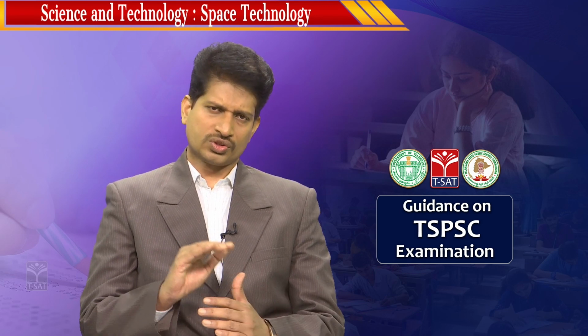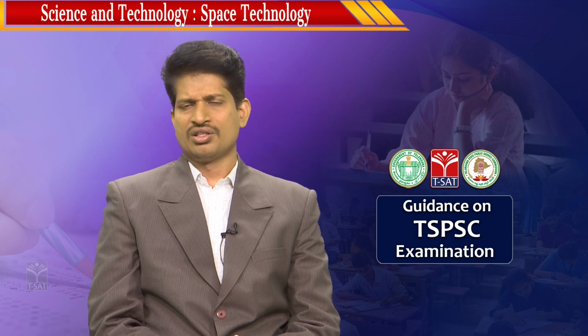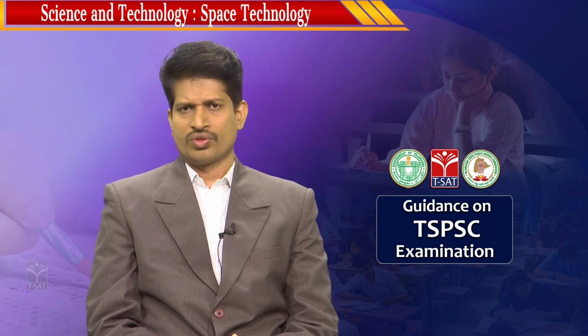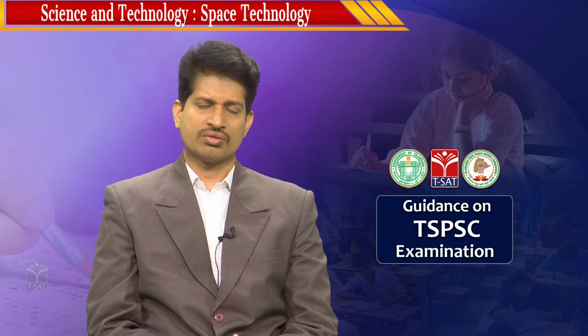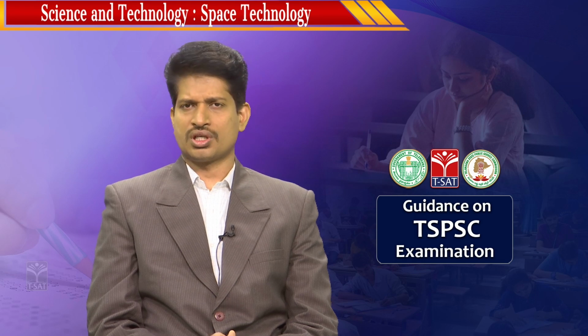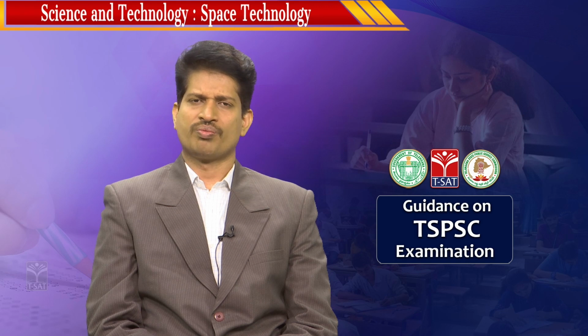So, in this process, what happens is, when the satellite is revolving around the earth, the time taken by a satellite to revolve around the earth increases with the increase in altitude. Low earth orbits are around 400 to 500 kilometers or so.